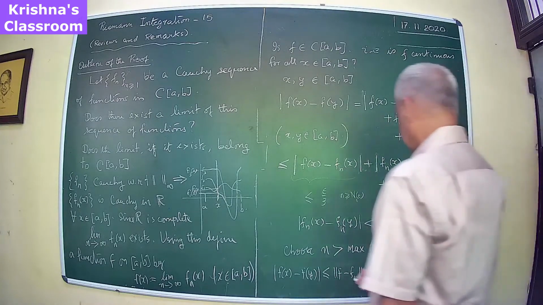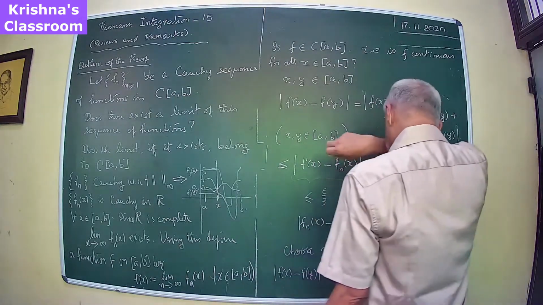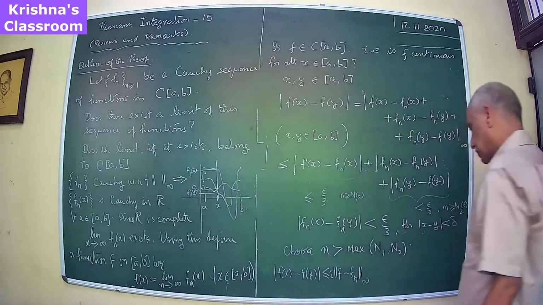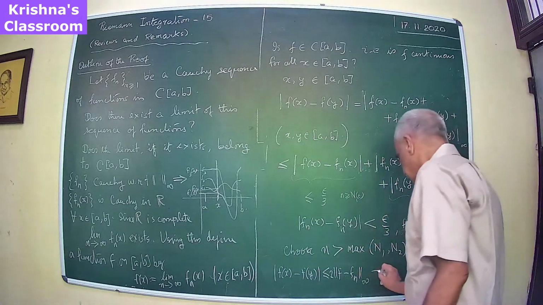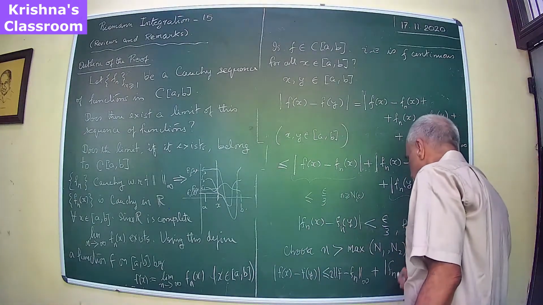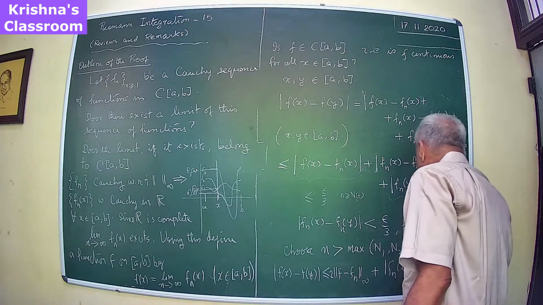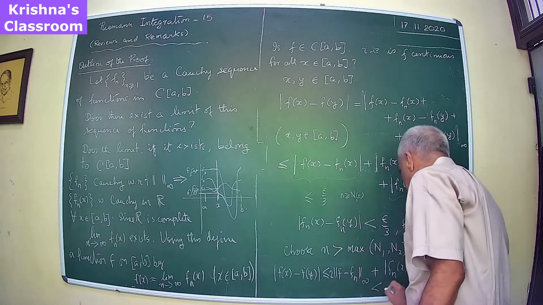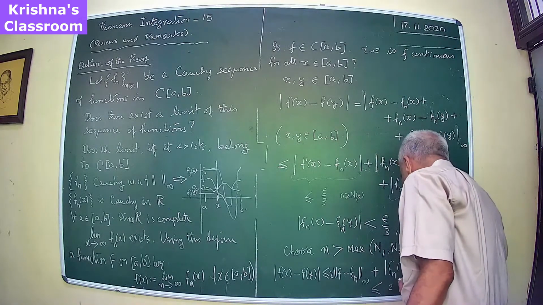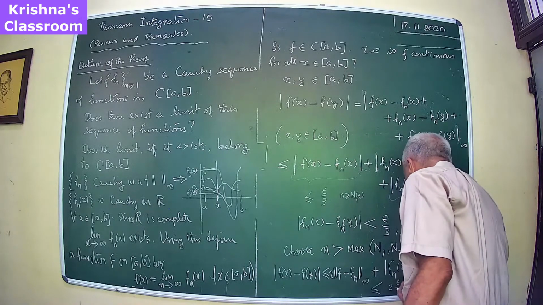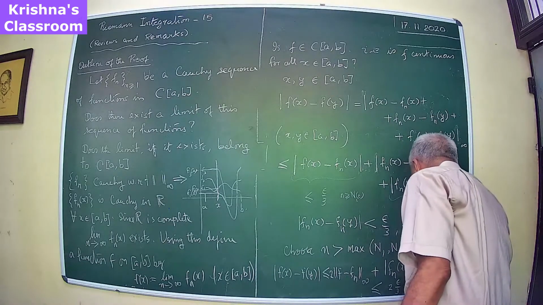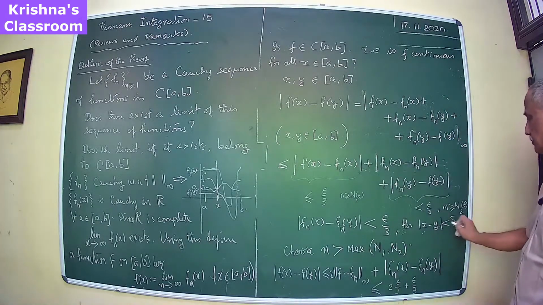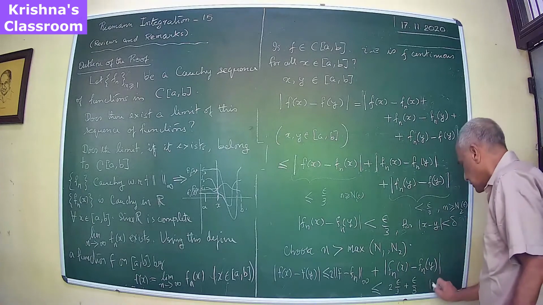In fact, twice this, because this term as well as this term, and this is less than 2 epsilon by 3 plus, which is less than twice epsilon by 3 plus epsilon by 3 for mod x minus y less than delta.